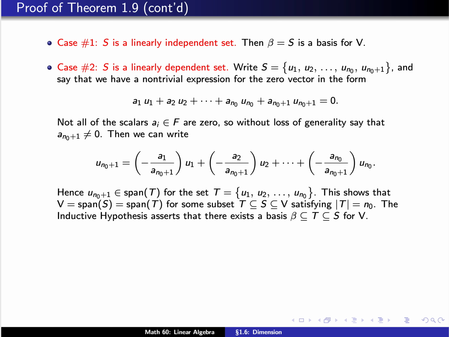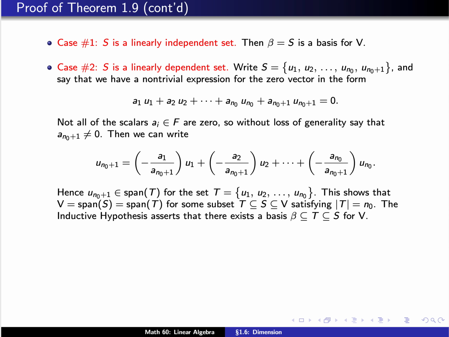If this is the case, we can then solve for the last vector, u sub n0 plus 1, in terms of the first n0 vectors. So this actually means that u sub n0 plus 1 is in the span of T, where T now just contains n0 vectors. So this shows that V is the span of a subset containing n0 vectors.